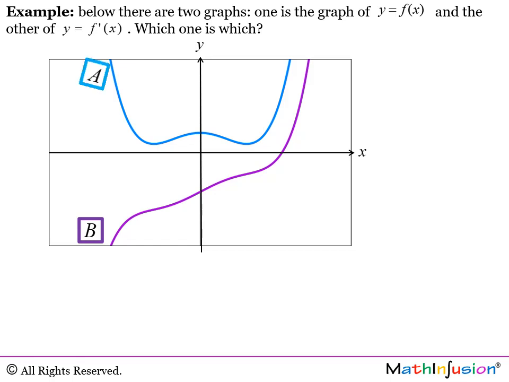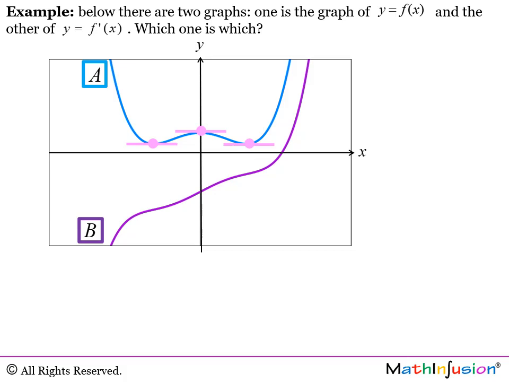Let's assume that this is the graph of the function. If this is the graph of the function, then the derivative of the function at that point has to be 0. And this is also true here, and it's also true about this point.